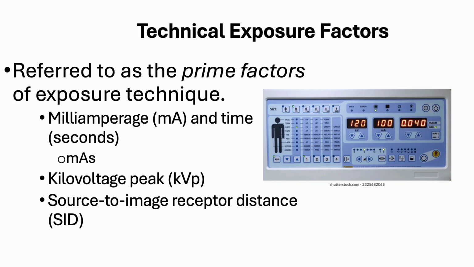Of course. The kVp, its purpose is to penetrate the photons that were created by the electrons. It's supposed to push them through the patient's body. The kVp's purpose is to penetrate photons through the patient's body.